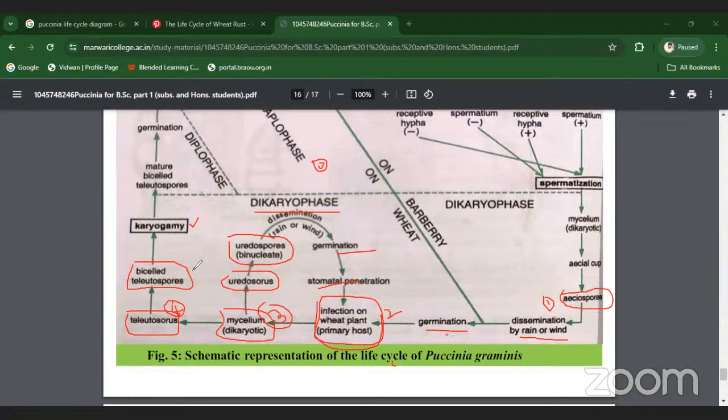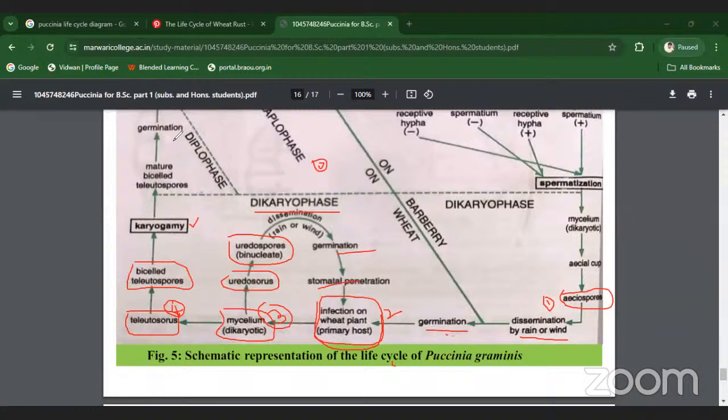After karyogamy, it undergoes a dormant period. Next, through the dormant period, from the diploid nucleus, mature teliospores are produced.